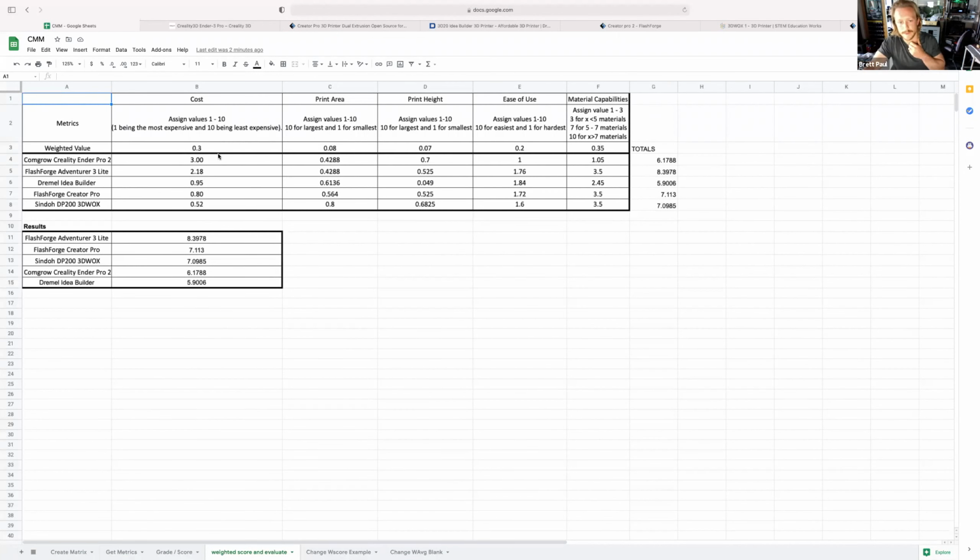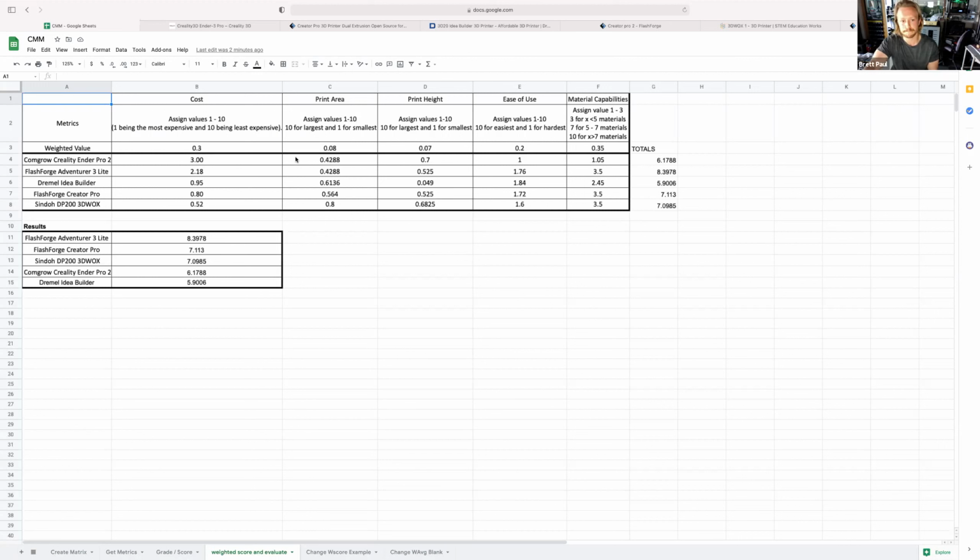So this is fairly straightforward in that at the very beginning, we applied a weighted value because cost and material capabilities meant more to us than ease of use, print area, and print height, right? So we went through and we did all that. Now we have to apply that weighted value to each grade. So for example, the Creator Ender Pro 2 had a value of 10 as a grade, and we're gonna multiply it by 0.3 to get an overall final grade for cost of 3.00.